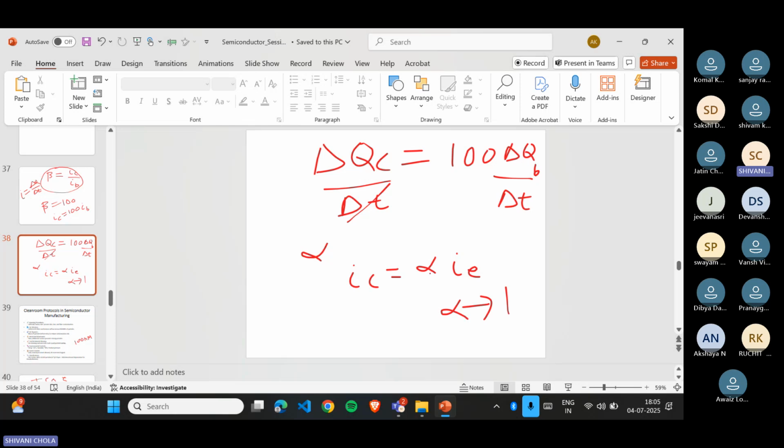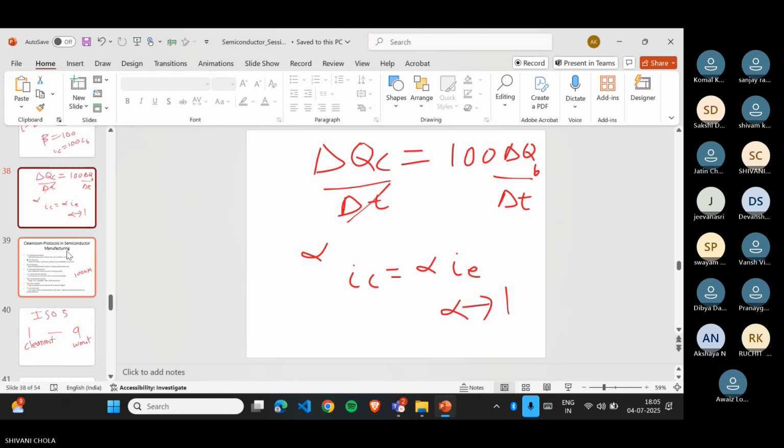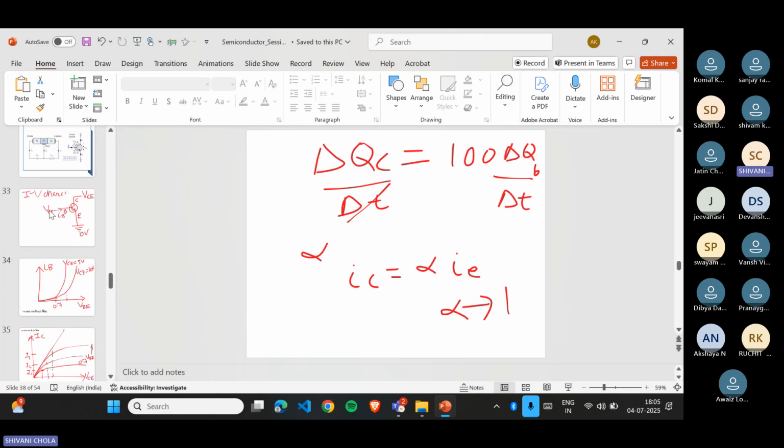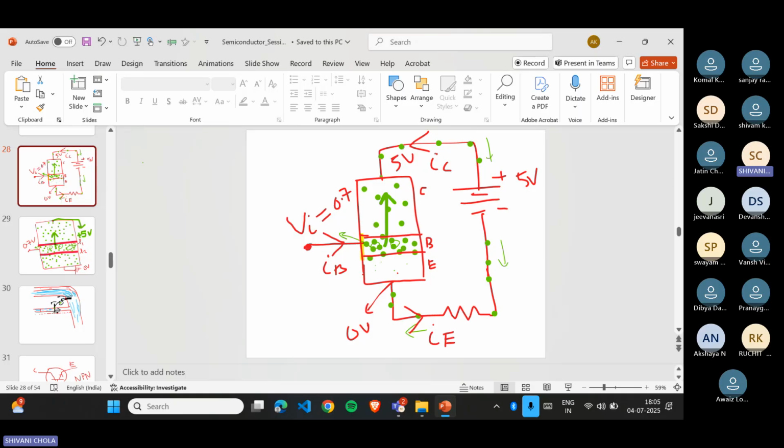This tells you the relationship between the current from the collector and the current going in from the emitter part. Alpha is just a number which you use to compare transistors, to see how effective your transistor is.